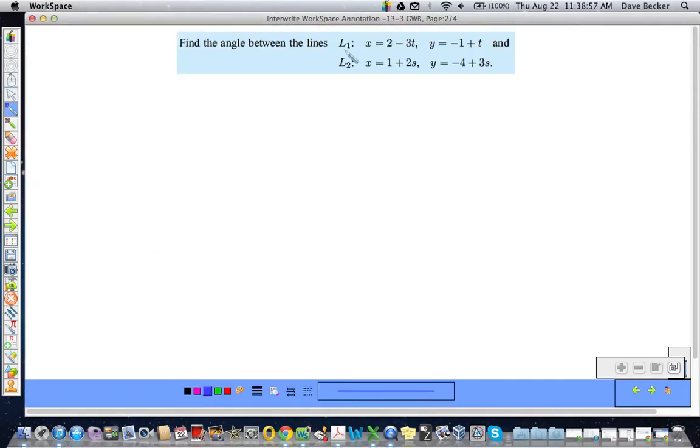Okay, find the angles between these two lines. Here we are really in vector form because we can rewrite L1 like this: x, y is equal to 2, -1.